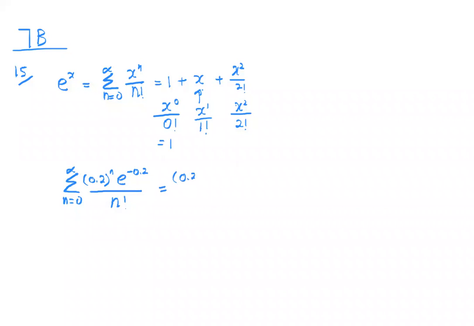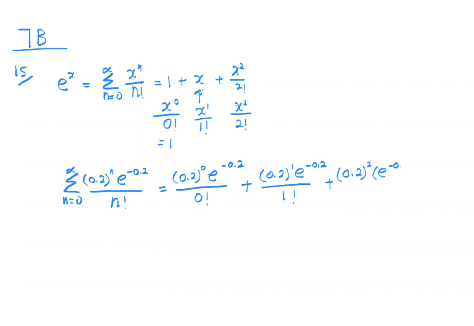This means 0.2 to the power of 0, e to the power of negative 0.2, divided by 0 factorial, plus 0.2 to the power of 1, e to the power of negative 0.2, divided by 1 factorial, plus 0.2 to the power of 2, e to the power of negative 0.2 over 2 factorial, and continue until the end.